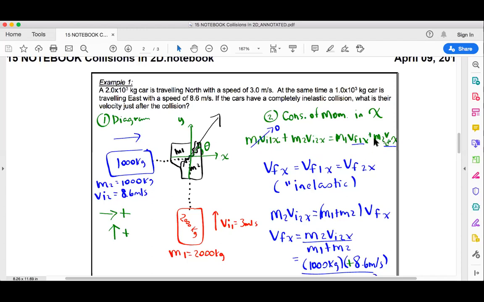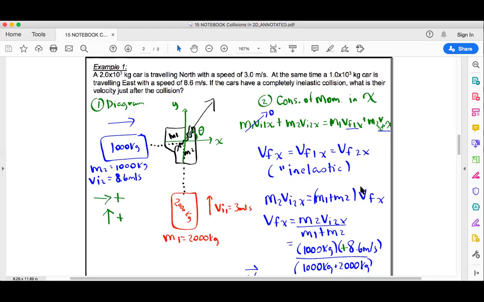And then as well, since it's inelastic, M1 and M2 can be collected because VFX is the same. It can be factored out. So we get an equation that's VFX, that's the final velocity in the X of the whole thing stuck together, is M2VI2X over M1 plus M2, and we substitute our numbers in.